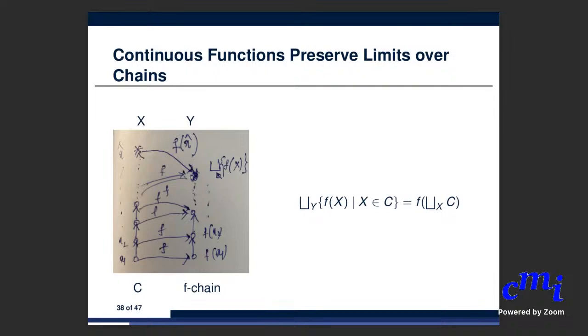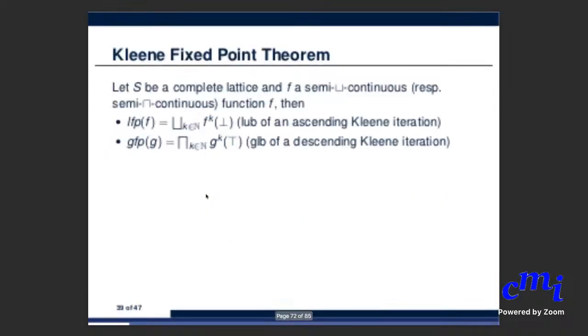In that case, f should map to the least upper bound of this chain as well. What Kleene iteration, which I showed previously, says applies to a particular chain, where f itself is applied iteratively. We'll get to that.